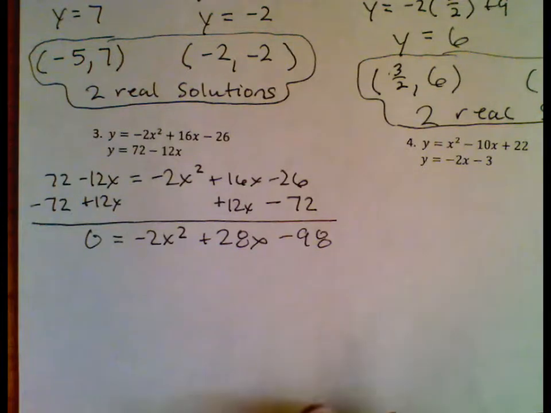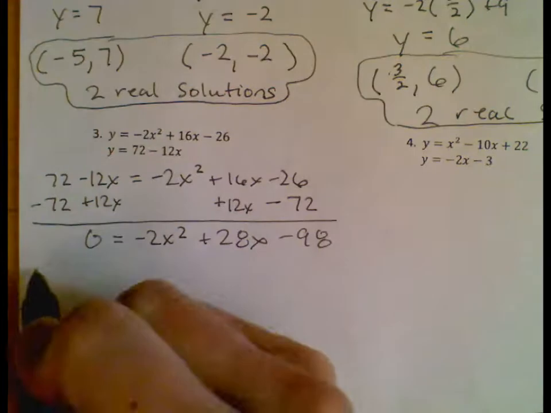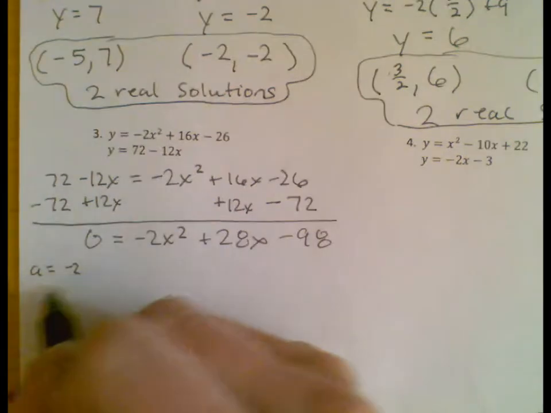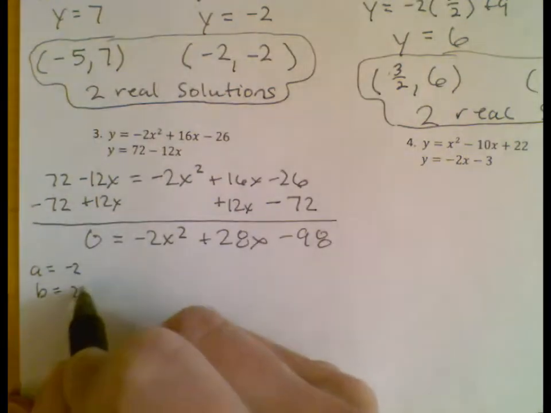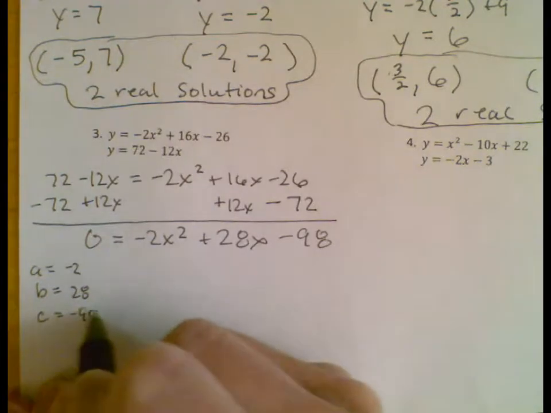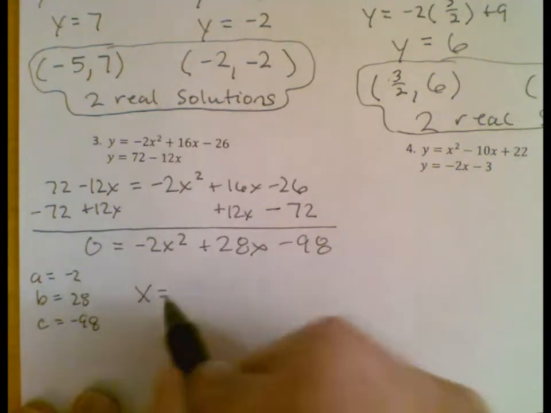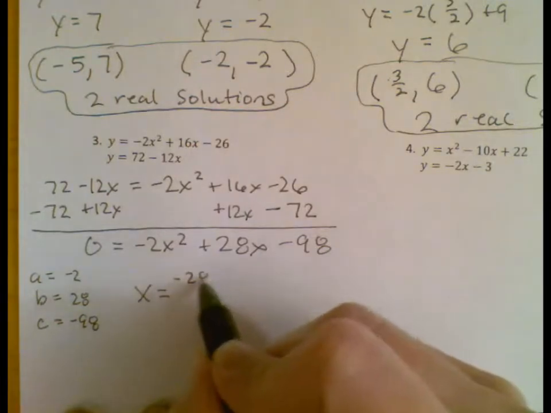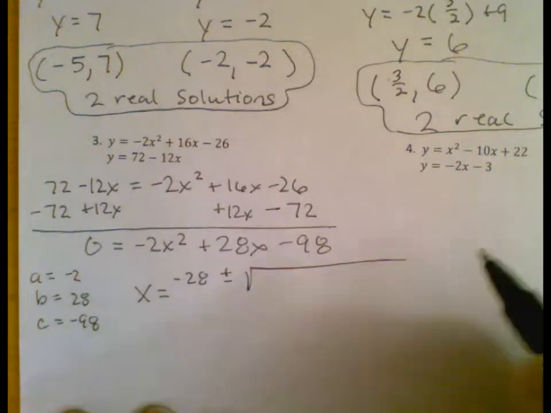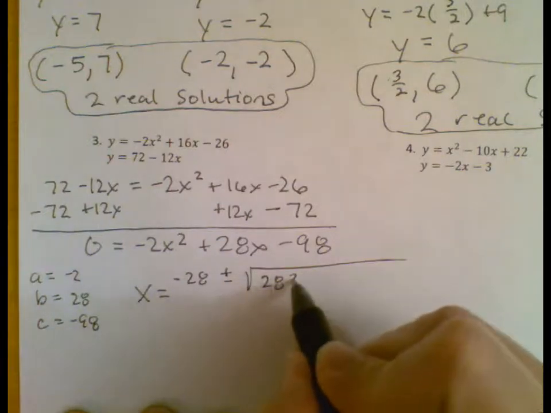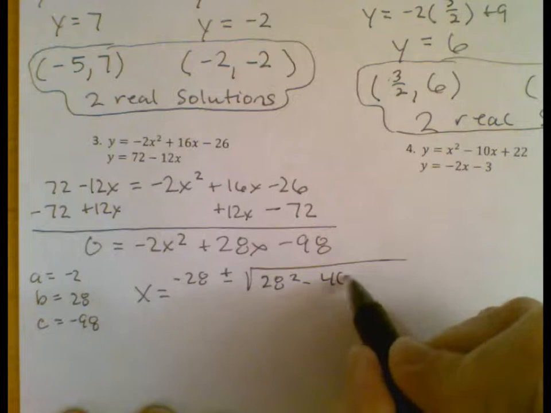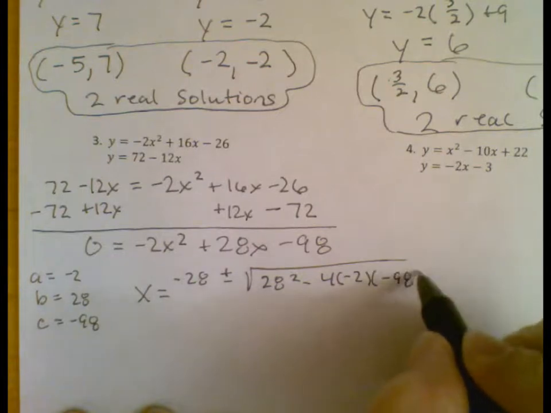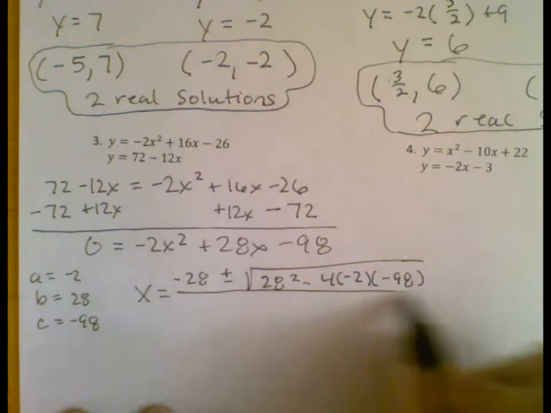Now this one looks like a little more complicated, so I'm going to go ahead and use the quadratic formula for this problem. So a is negative 2, b is 28, and c is negative 98. So x equals the opposite of b, plus or minus the square root of b squared minus 4ac, all over 2 times a.